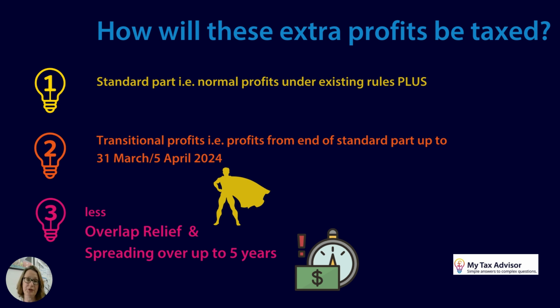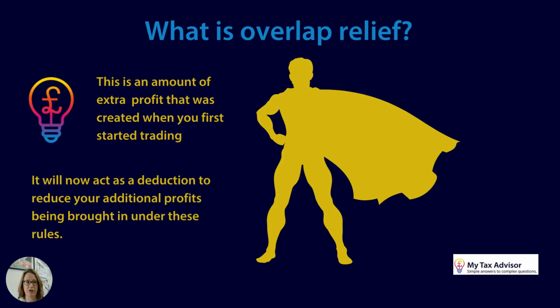You will be able to deduct that overlap relief. It will create an additional amount of profit, which is not the full amount because it's been reduced by the overlap. And then that can be spread out over the next 5 years to try and mitigate the tax bill on that somewhat. So overlap relief is really your friend in this scenario.